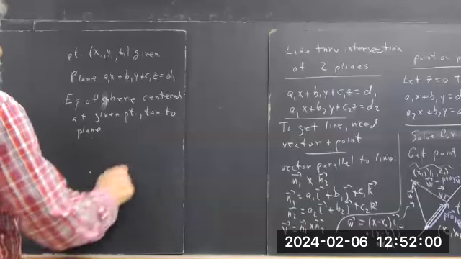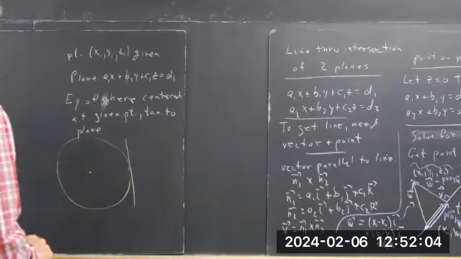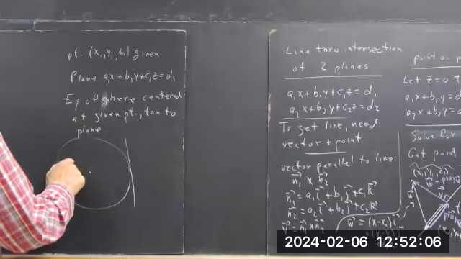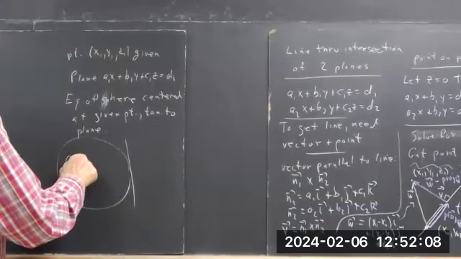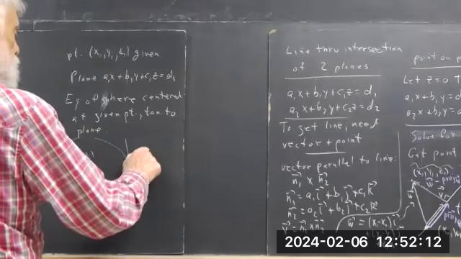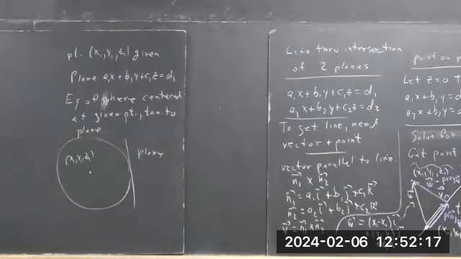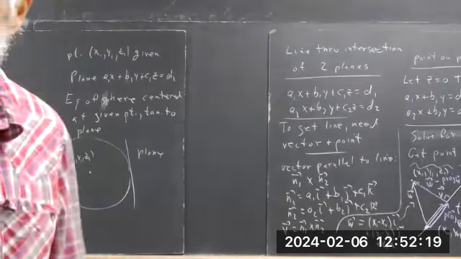Okay, well, we got the given point. We got the plane. Here's a sphere. Here's x1, y1, z1. Here's your plane. Not necessarily vertical, but it's easier for me to draw a tangent to something vertical, so I drew it that way. Okay.